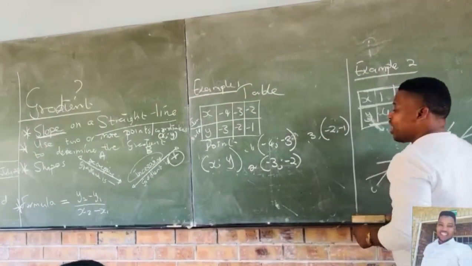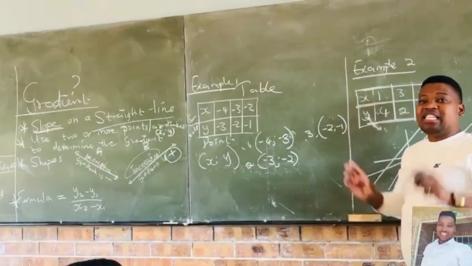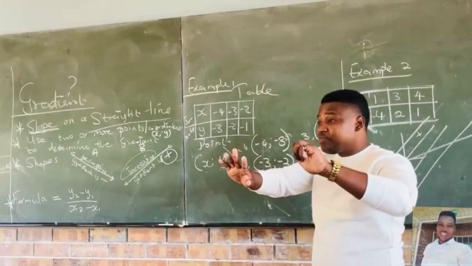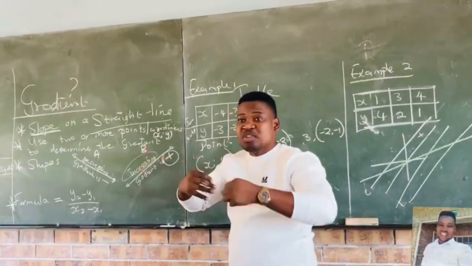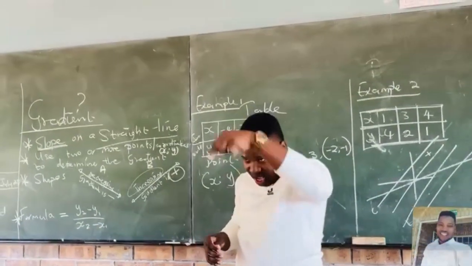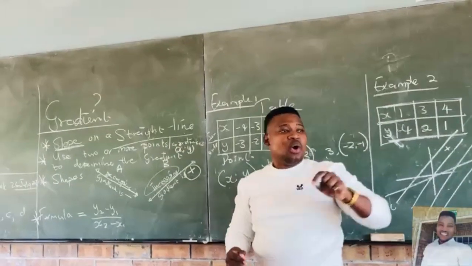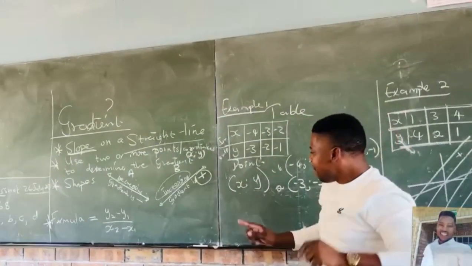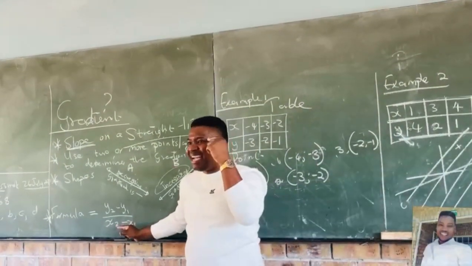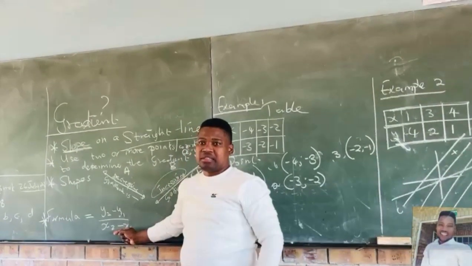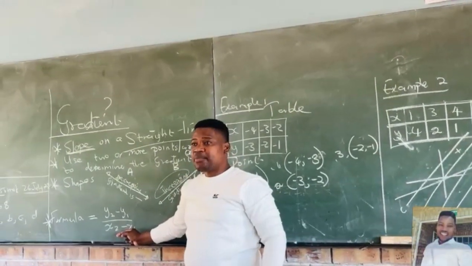Now, when we take points 2 and 3, it's up to you. When I say it's up to you, remember this formula must be in your mind. You won't find it anywhere. You must know it.